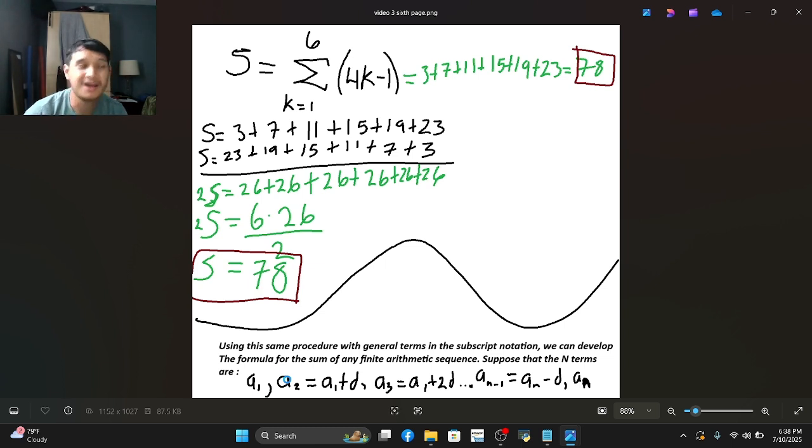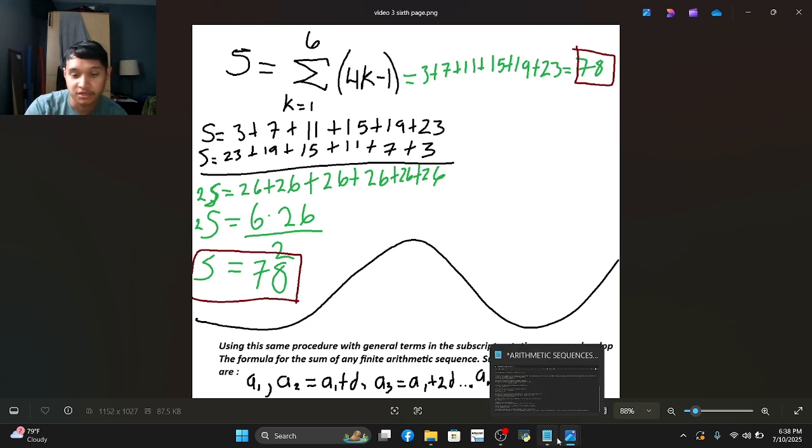So if we want to find the last term of an arithmetic sequence, we will use a sub n minus 1, as we have previously discussed. So it will be equal to a sub n minus d, in terms of the a sub n term. And the a sub n term is the term that we don't know. So this is a formula, a sub n minus d.